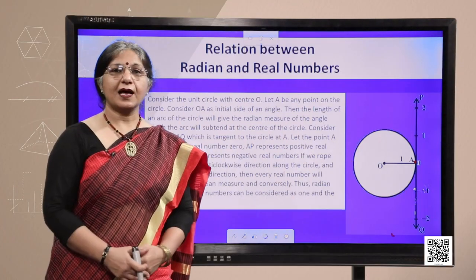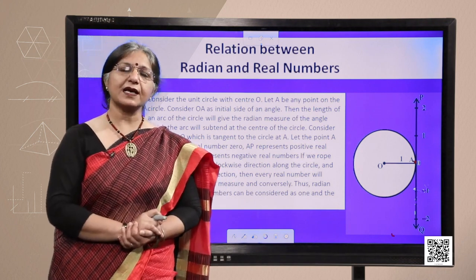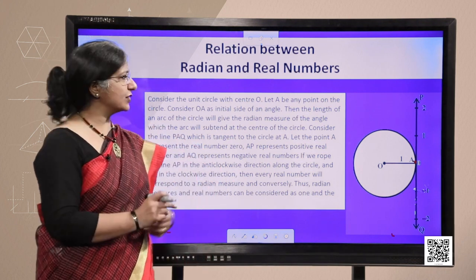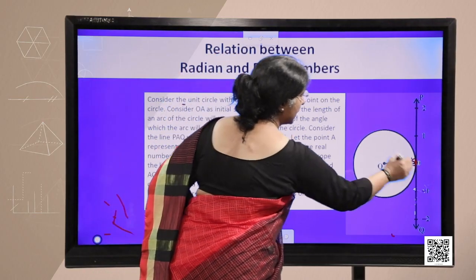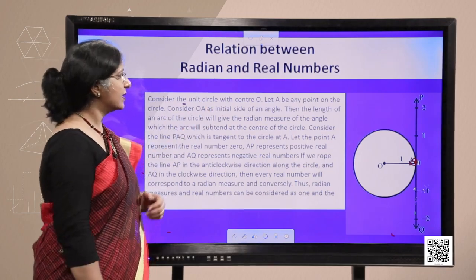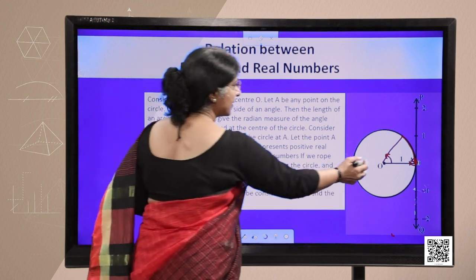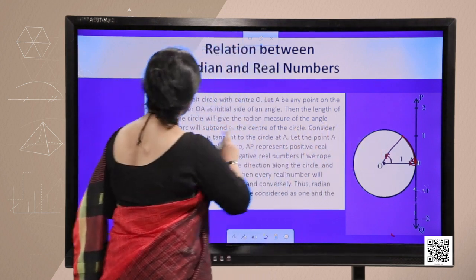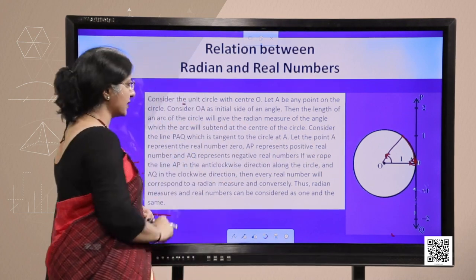Now, the relation between radian and real numbers. Radians are nothing but real numbers that we can show with the help of this diagram. If you consider a unit circle with center O and let A be any point on the circle, where OA represents the initial side of the angle, then the length of the arc of the circle will give the radian measure of an angle which the arc will subtend at the center of the circle.